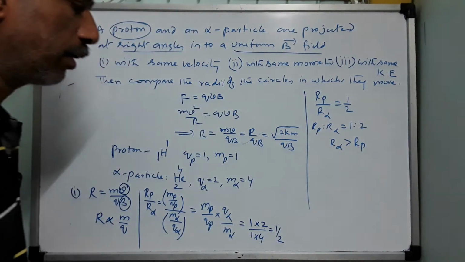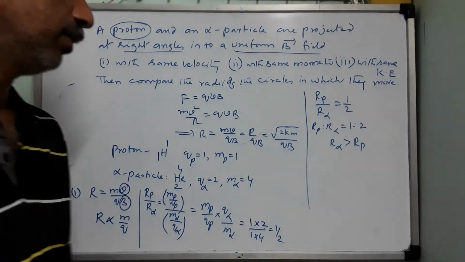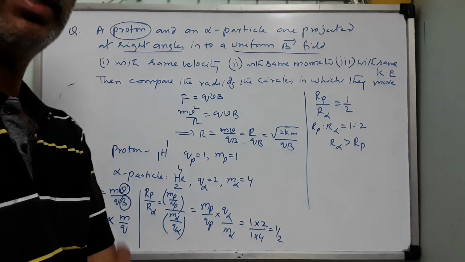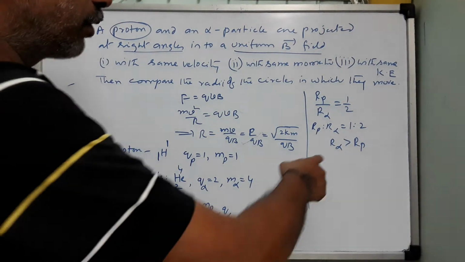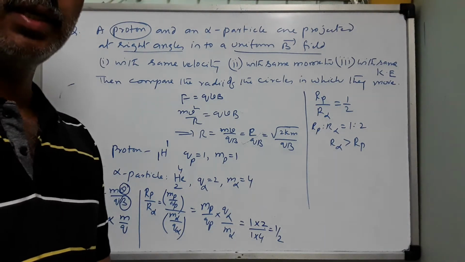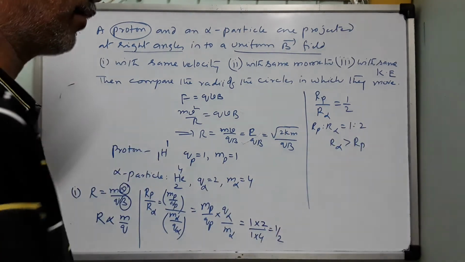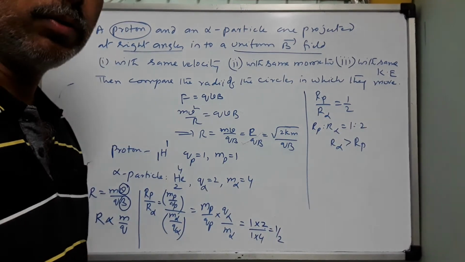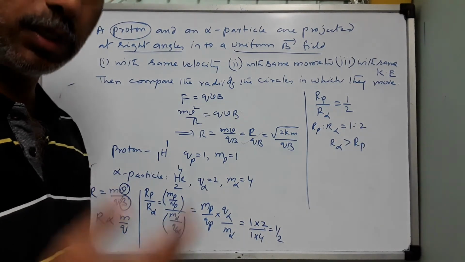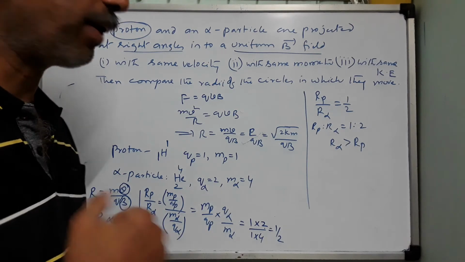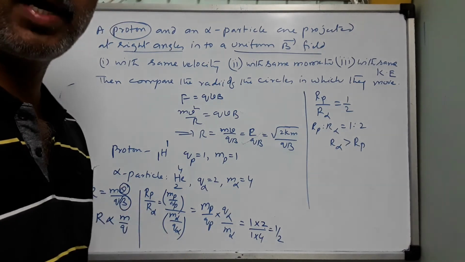So different types of questions will be asked. Which is describing a circle of bigger radius? The answer is alpha particle. Compare the ratio of the radii, then Rp by R alpha equals 1:2. So when you are attempting the MCQ, just observe, is it asked Rp by R alpha or R alpha by Rp?